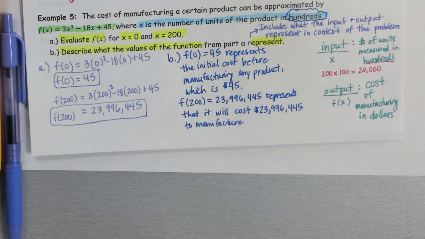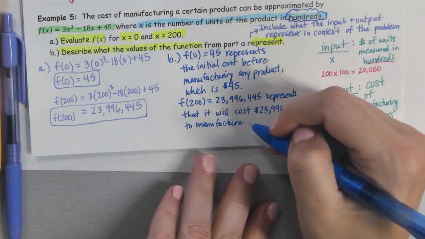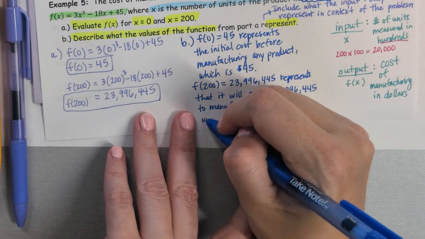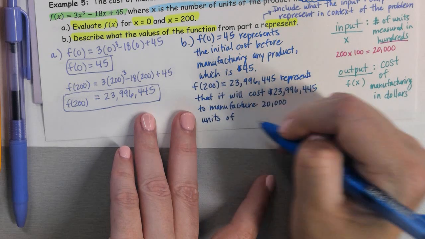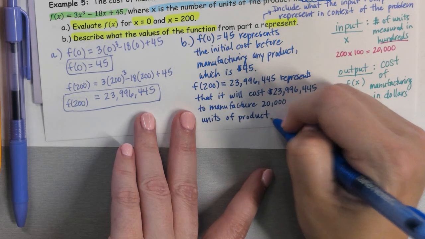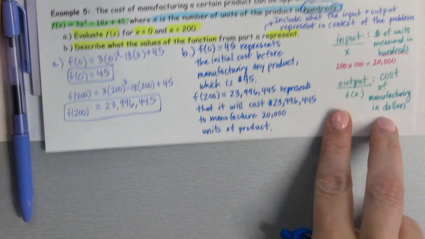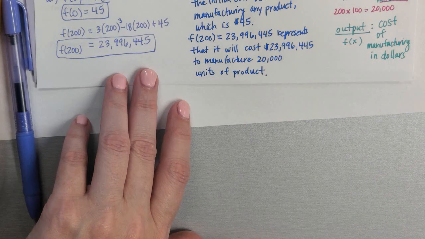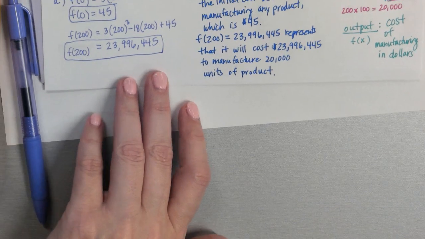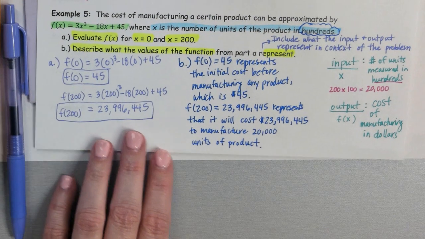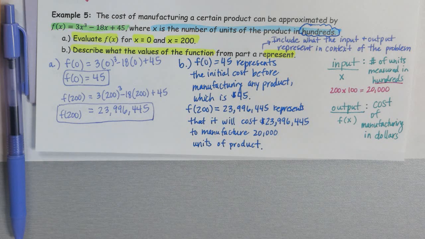So it will cost that 23 million to manufacture 20,000 units of product, whatever that product may be. Maybe it's the pound puppies I was talking about. Based on what they're measured in, that's what you're going to have to use to interpret the problem. So that's just something that you want to watch out for, if it tells you it's in hundreds or in thousands.